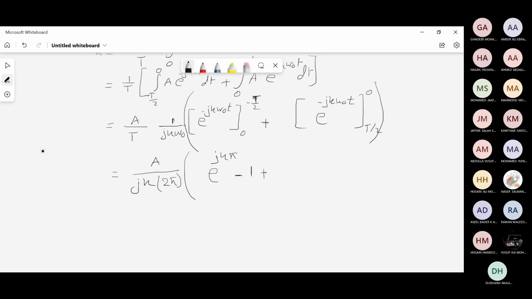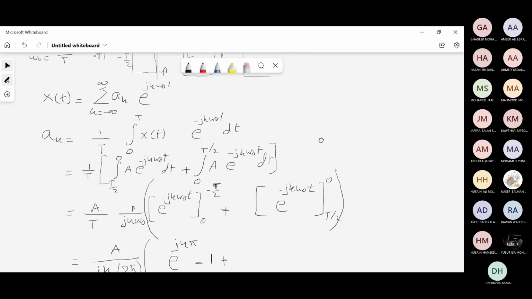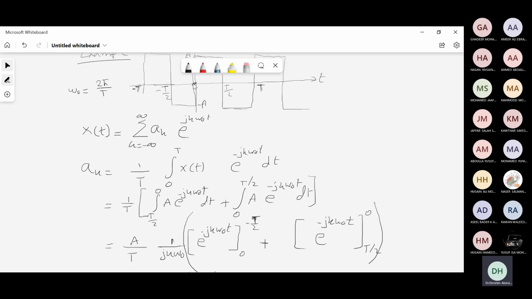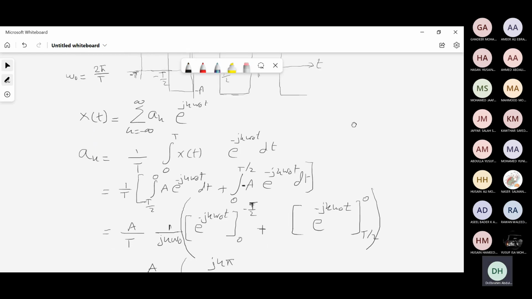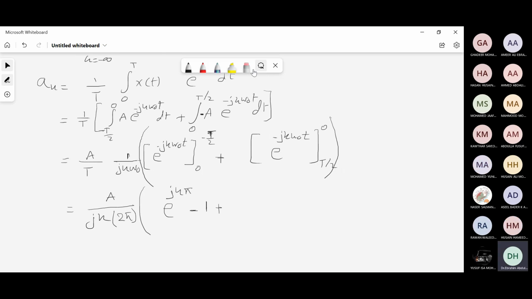Similarly, sorry, here we made a mistake. From 0 to t over 2, it is minus a. Since this is minus and we have a minus, directly we get positive.